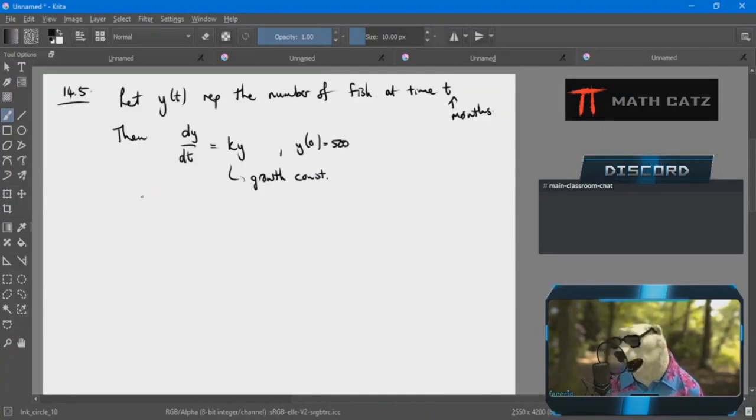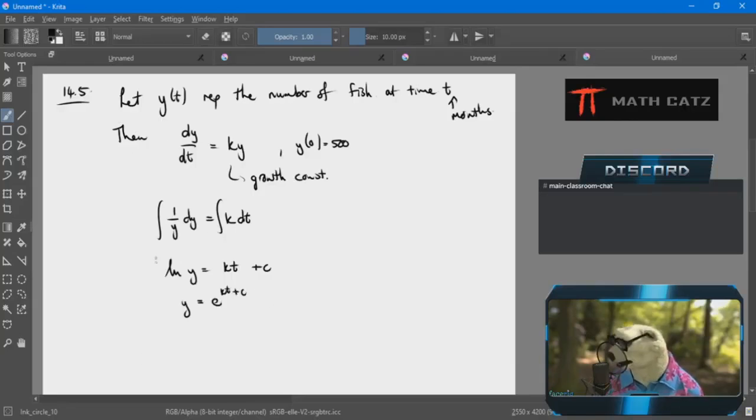Then, just to practice and prepare, I show how this differential equation leads to my exponential growth function. Then 1 over y dy is equal to k dt when I separate the variables. I integrate both sides. I get natural log of y equals kt plus a constant, the integration constant. y is equal to e to the kt plus c.